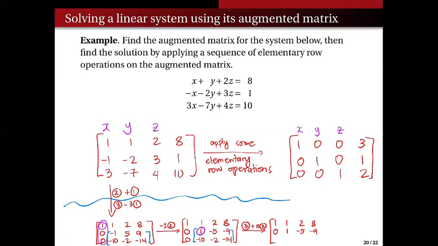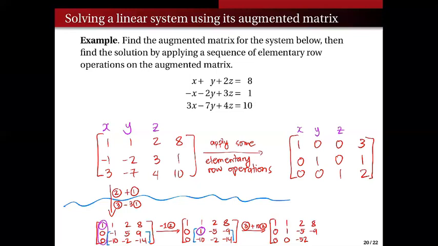So 0 plus 0, that's still 0. Negative 10 plus 10 times 1, that will become 0. Negative 2 plus 10 times negative 5, that's negative 52.